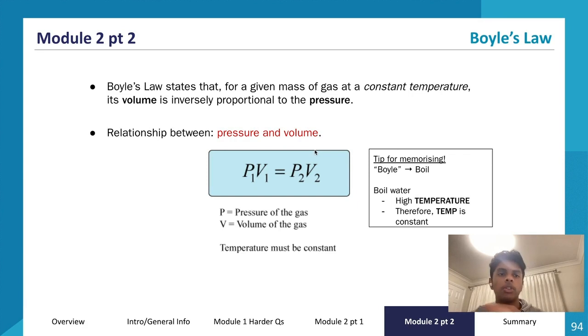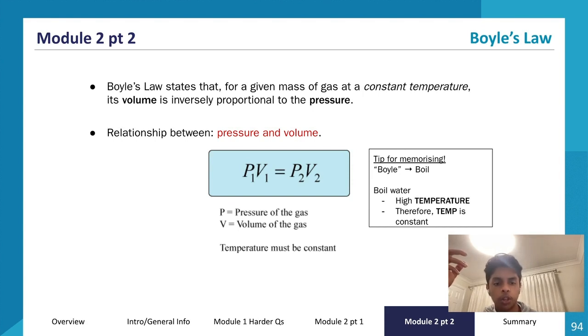Okay, so now we go through Boyle's law. Boyle's law states that for a given mass of gas at a constant temperature, its volume is inversely proportional to pressure. So Boyle's law looks at the relationship between pressure and volume. To memorize it, think of Boyle's as boiling: if we're boiling water, we have high temperature, and temperature is kept constant.